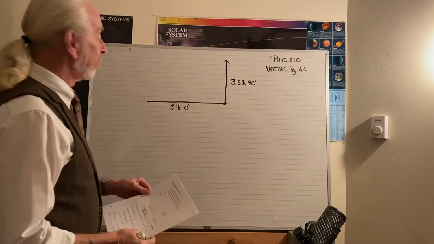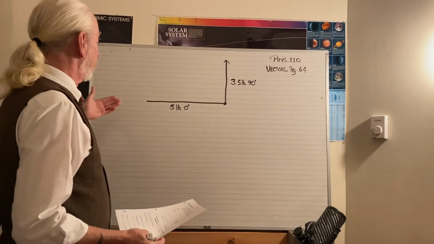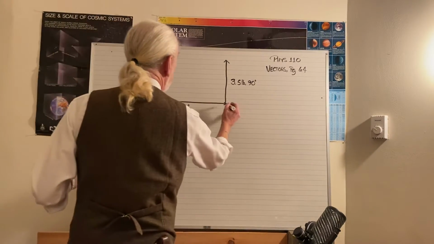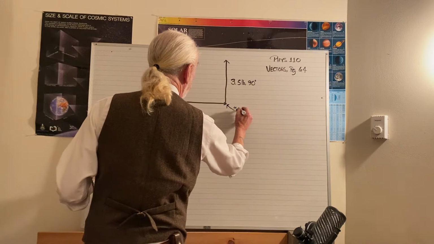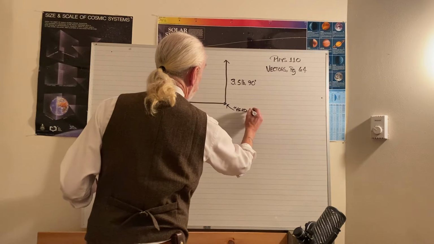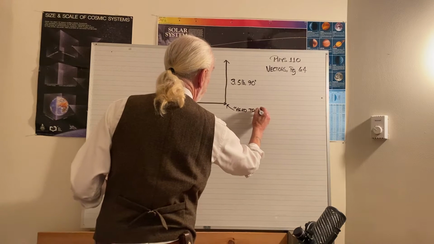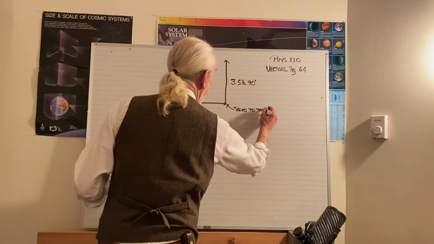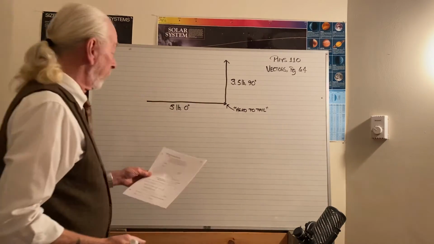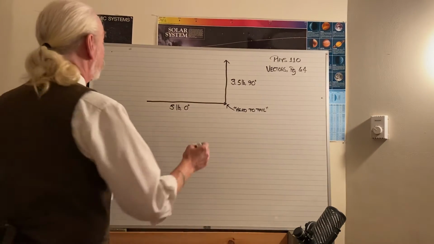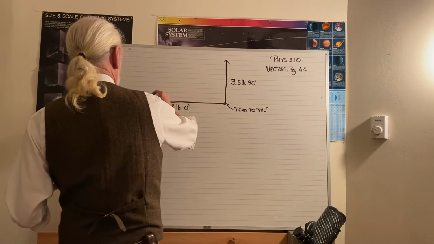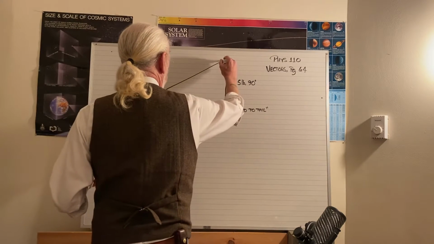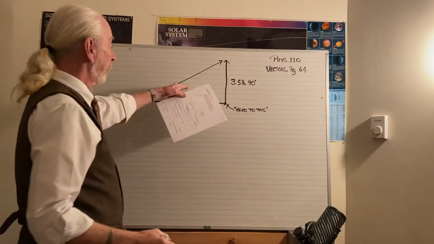And the way we schematically represent that is we do this head to tail schematic. All right. Now, these vectors should add up to a resultant vector like so.